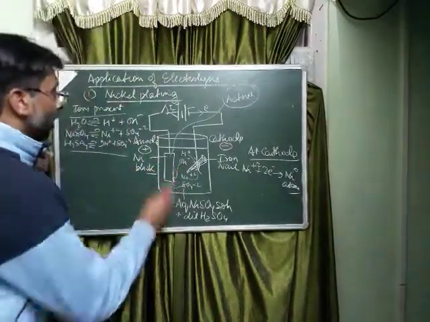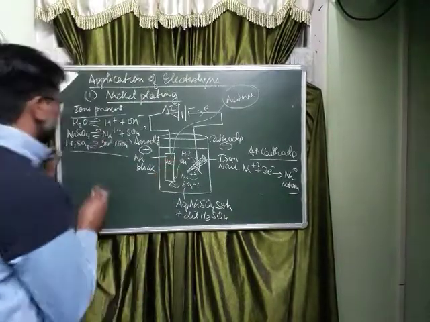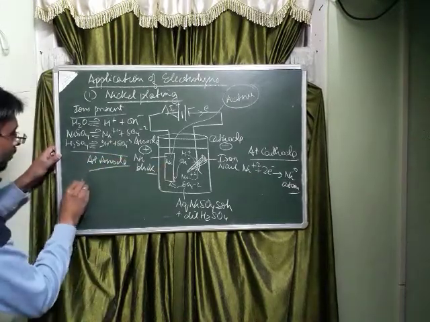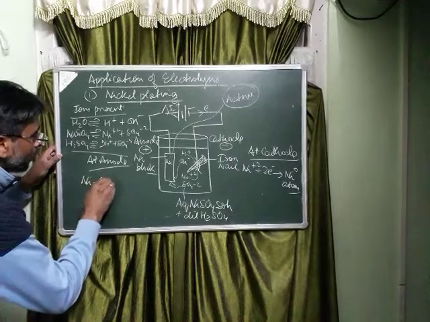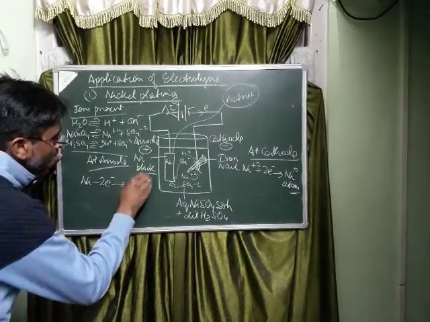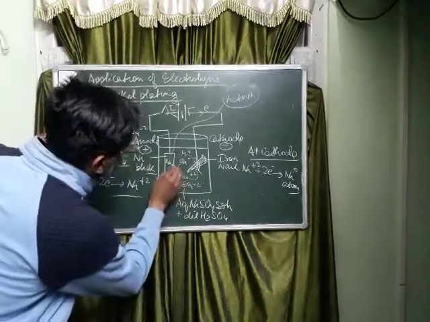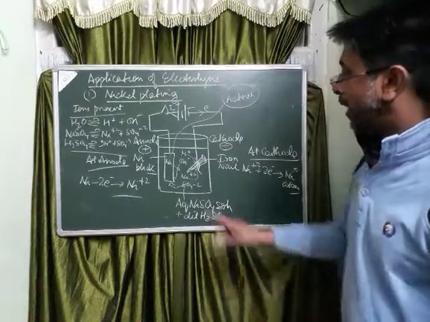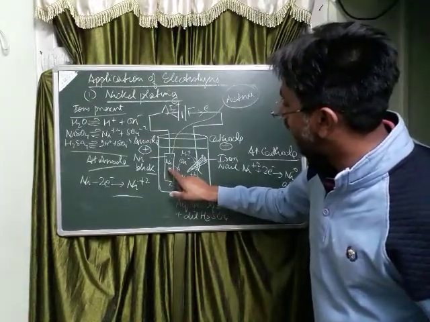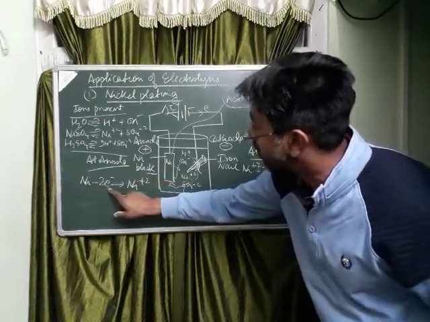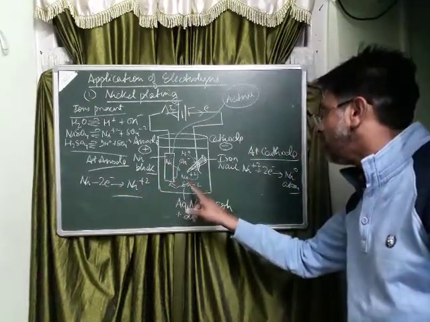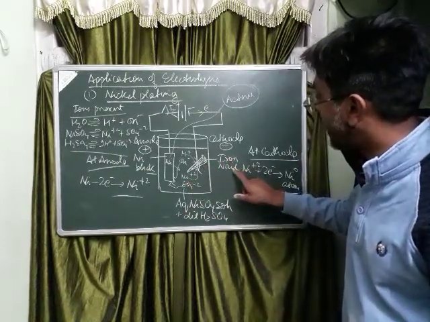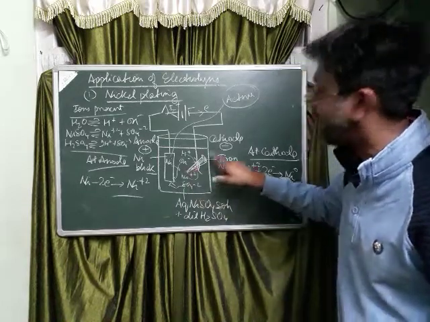What will happen is that a nickel atom on the block at the anode will lose 2 electrons and form nickel ions, and then enter the electrolytic mixture. And from the solution, nickel ions go to the cathode, which is the iron nail, and discharge over there, depositing on the iron nail.